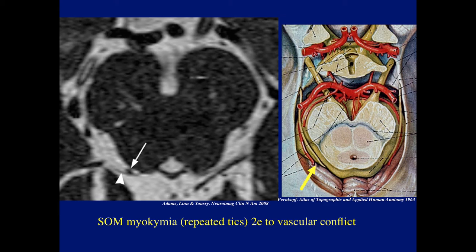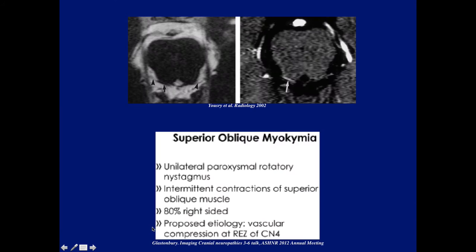Here's the trochlear nerve and the vessel, a branch of the superior cerebellar artery, right against it, causing this patient's symptomatology. And here's another case where we see the vessel, again a branch of the superior cerebellar, right next to the nerve.